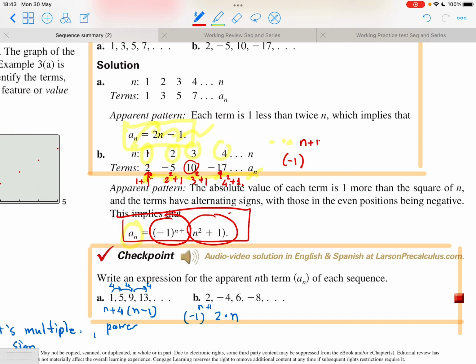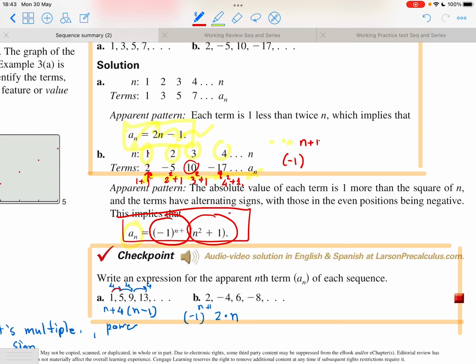Next example, write an expression for the apparent nth term. So you've got to find the formula basically. The difference is it could be a geometric series or arithmetic. Anyway, we just try to see what goes on.